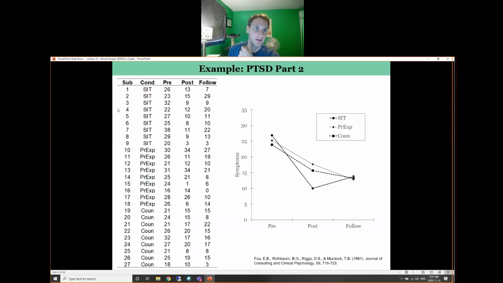Looking at our data, we can see that participants are assigned to either the stress inoculation, the prolonged exposure, or the counseling, and that each participant provides 1, 2, 3 observations. So there is a between subjects factor, where participants are in only one condition, and there's also a within subject factor. Thus, the appropriate analysis plan is the mixed ANOVA.